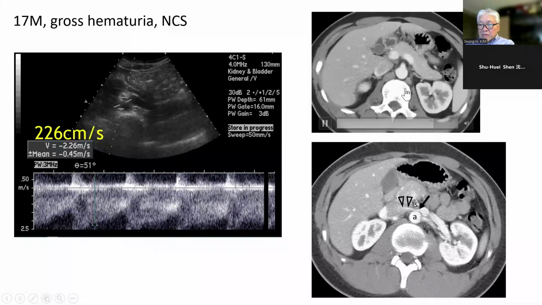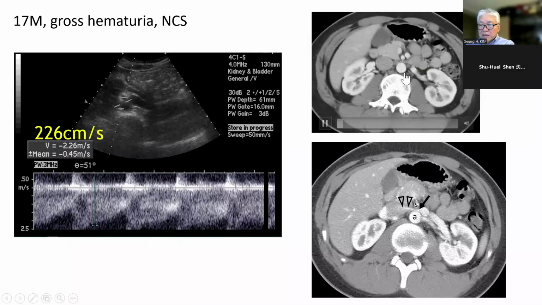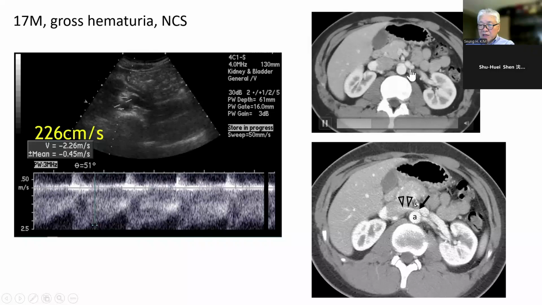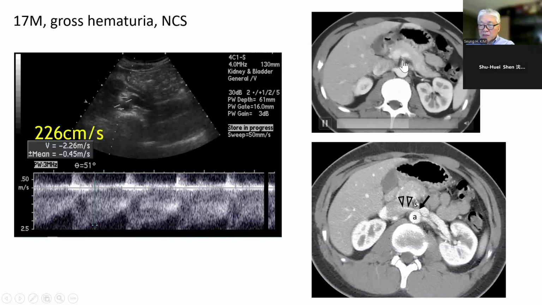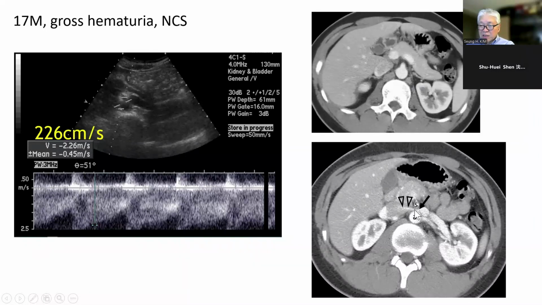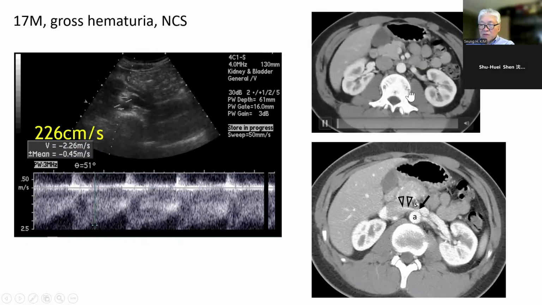This is a scroll image of this patient, and we clearly see the jetting of the contrast opacified left renal vein flow through the narrow space between the abdominal aorta and superior mesenteric artery, and we see the jetting of this contrast opacified left renal vein blood into the inferior vena cava.